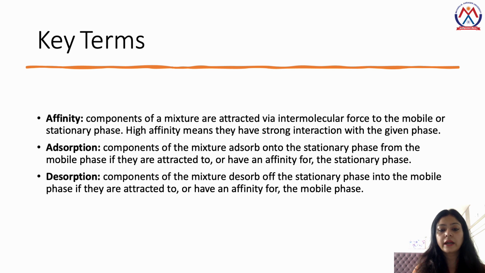Components of the mixture adsorb onto the stationary phase from the mobile phase if they are attracted to or have an affinity for the stationary phase. Desorption. Components of the mixture desorb off the stationary phase into the mobile phase if they are attracted to or have an affinity for the mobile phase.